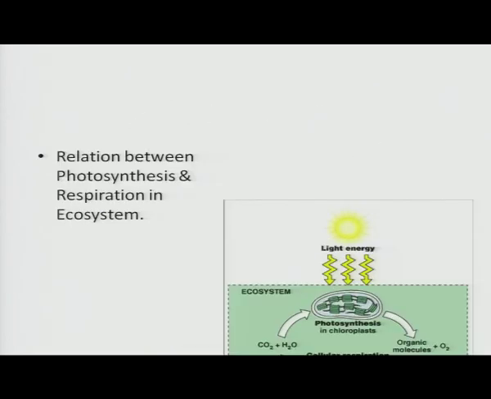There is a great relationship between photosynthesis and respiration in our ecosystem. In photosynthesis, the chloroplast receives sunlight and gives carbohydrate, and this carbohydrate, or organic molecule, is broken down to form carbon dioxide, water and ATP.